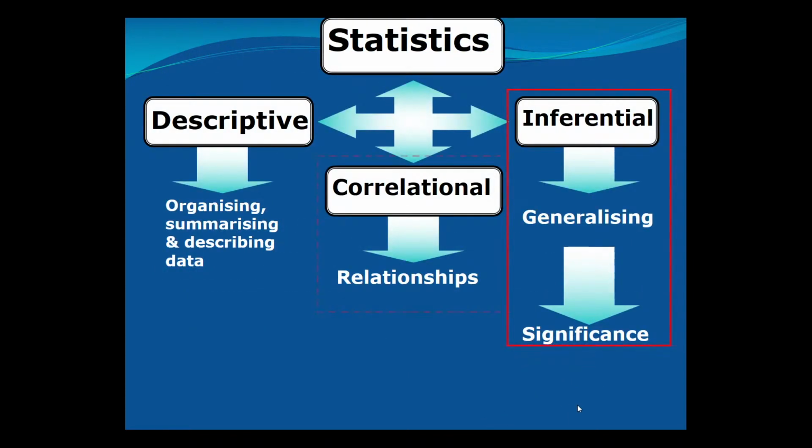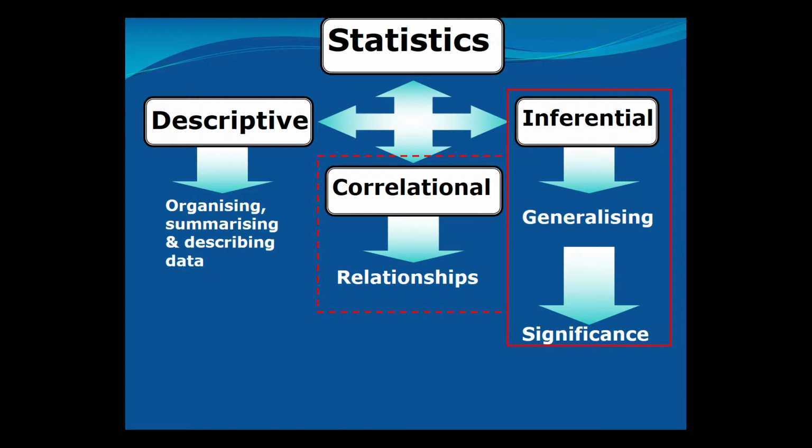Look at this slide. We divide statistics into some parts: descriptive statistics, correlation, and inferential statistics. Descriptive statistics is used to organize, summarize, and describe data collected during our research or observations.